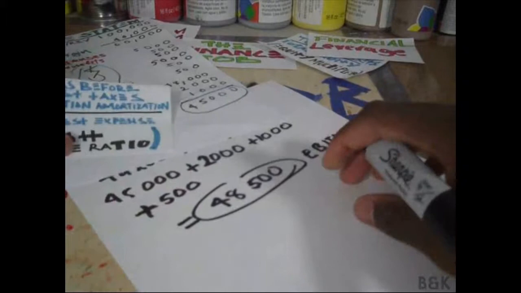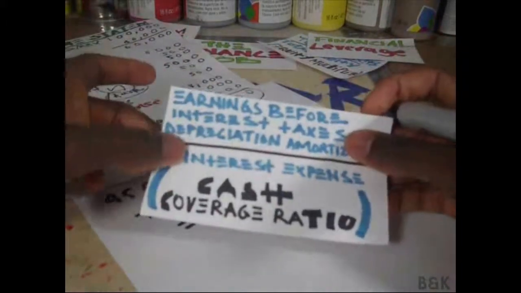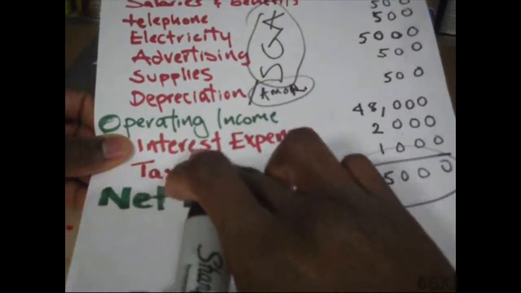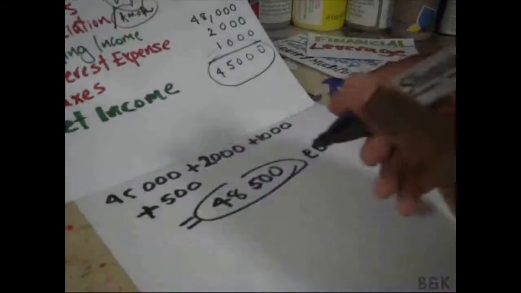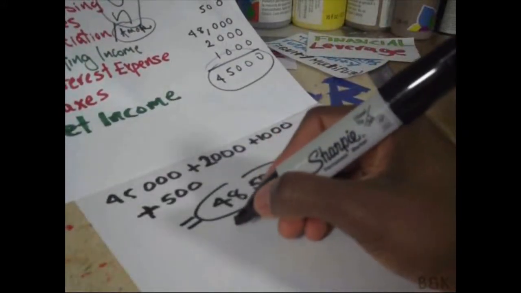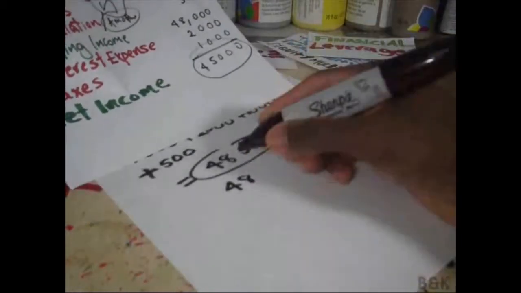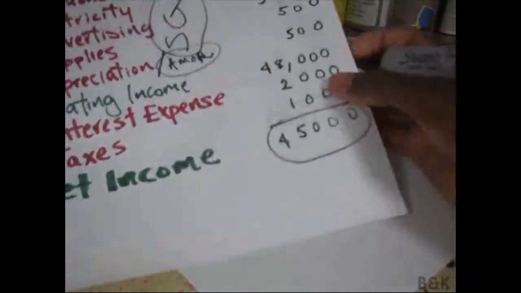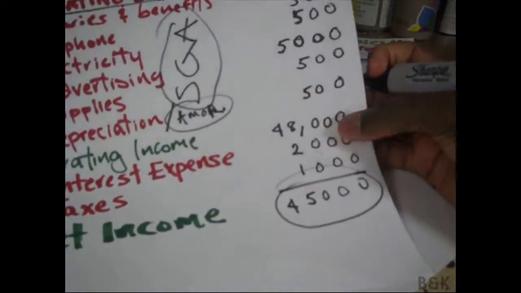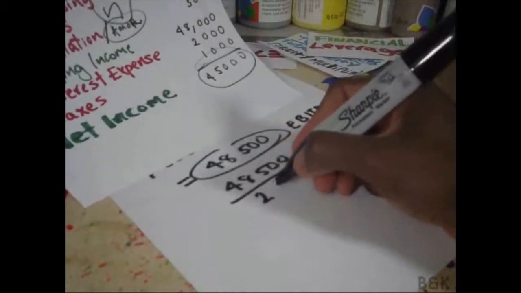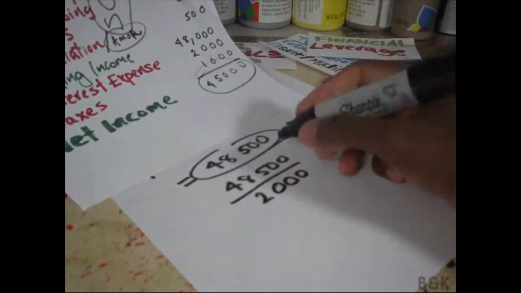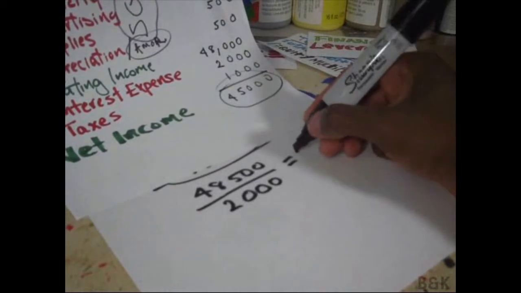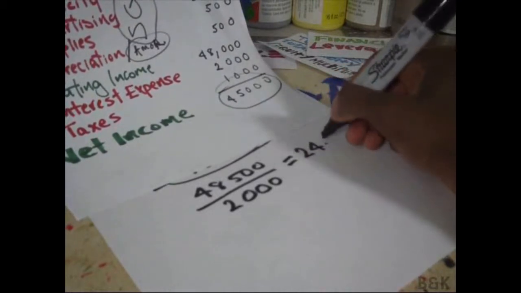So we take our EBITDA and then we look at our interest expense and we go back to that line. Now you can be Sherlock Holmes. We find that it's $2,000, so it's EBITDA 48,500 divided by a lovely $2,000. And the answer, because I've done this ahead of time, is going to be 24.25.